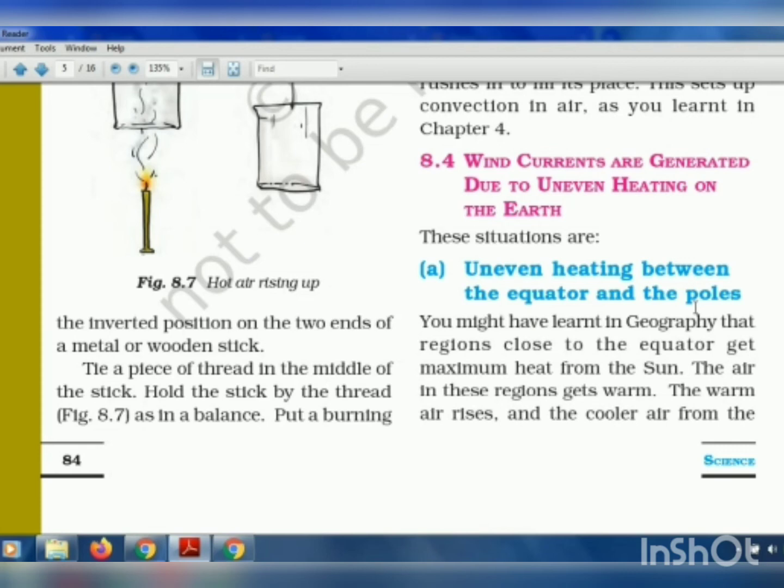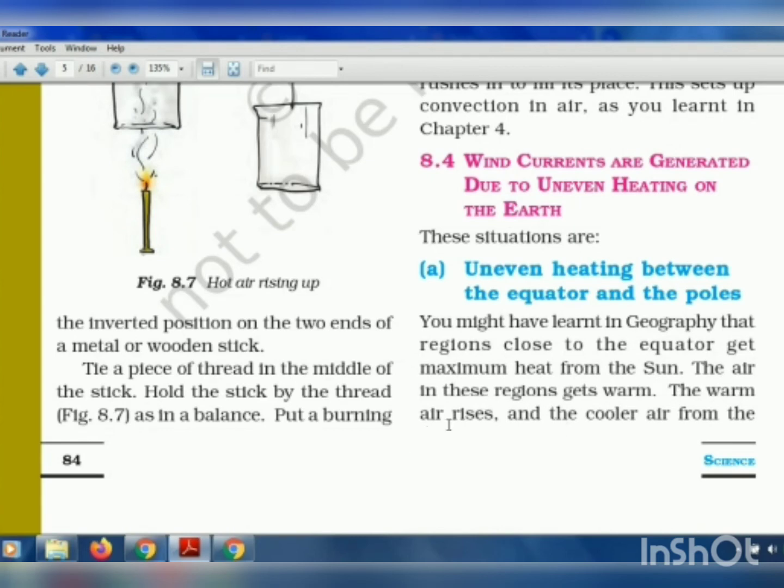As we know, the regions which are near the equator, means they are near the sun, get heated up very fast because the climate there is very hot. On the other hand, it's totally opposite at the poles. The poles are very far away from the sun, and because of that the climate there is always cold. So regions close to the equator get maximum heat from the sun, and the air in these regions gets warm.